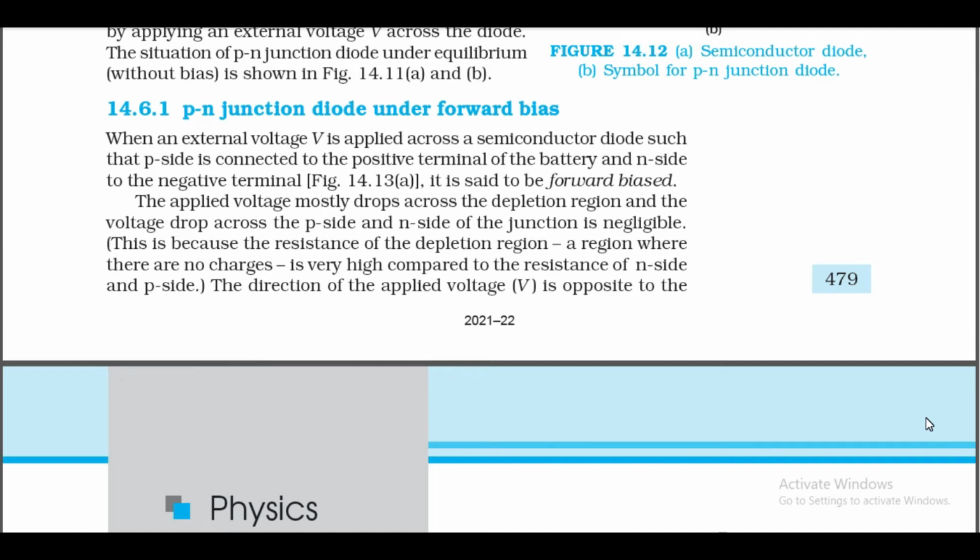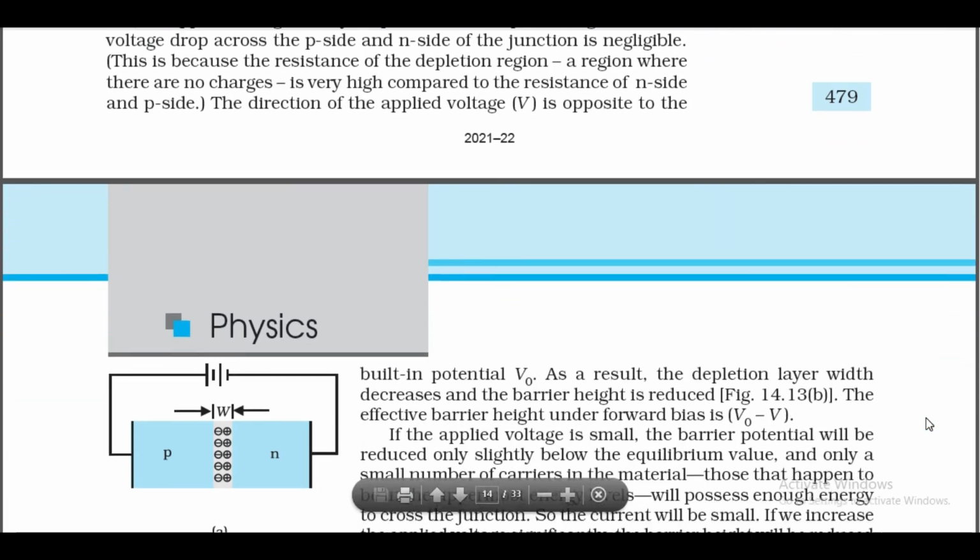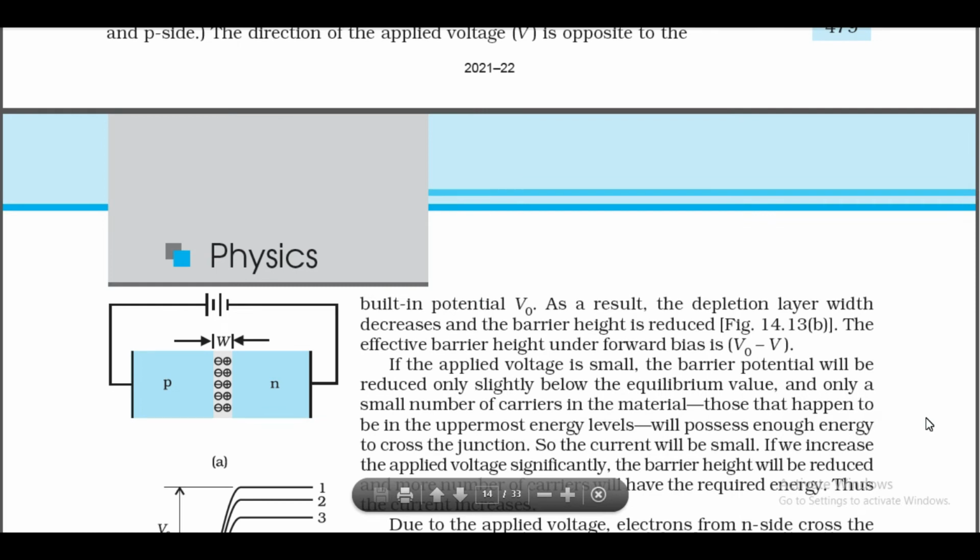The direction of the applied voltage V is opposite to the built-in potential V0. As a result, the depletion layer width decreases and the barrier height is reduced. Figure 14.3.